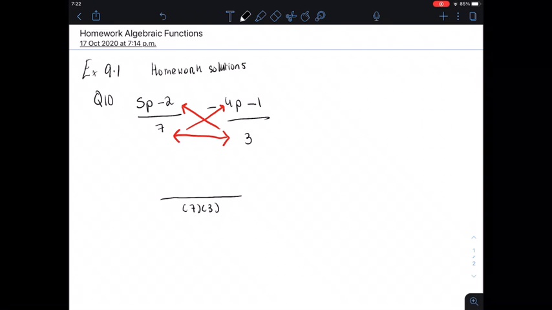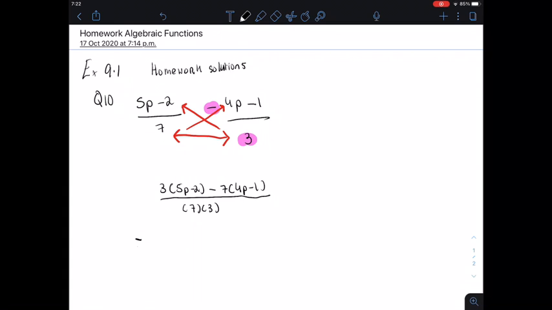and on the top, the 3 is multiplied by the top of the other fraction, so 3 times 5p minus 2, minus, so look at the sign, it's a minus this time, 7 times 4p minus 1.